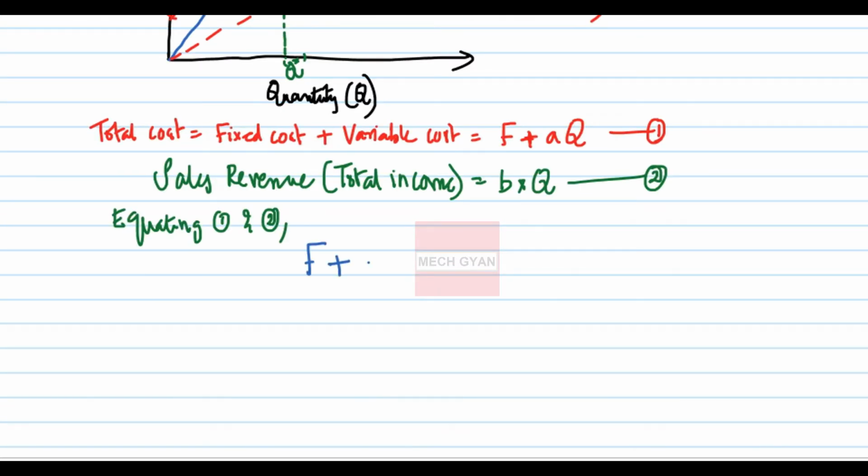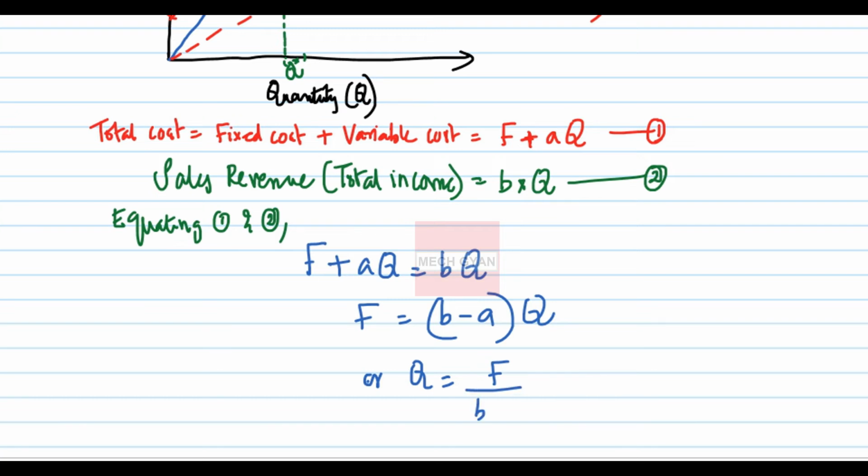F plus AQ is equal to B times Q, or F equal to B minus A times Q by taking this to the right side, or Q is equal to F by B minus A. So this is the expression for break-even quantity.